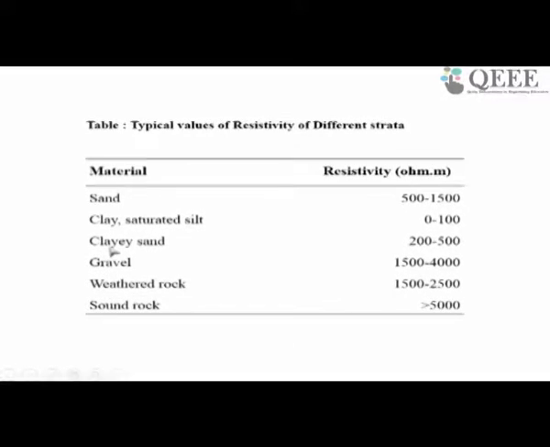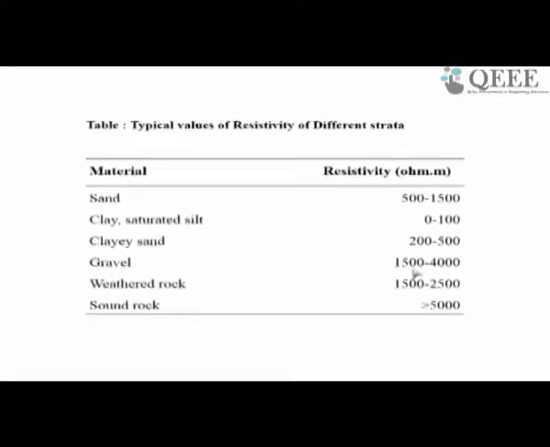In case of clay sand, you will get 200 to 500, and if you have gravel, your resistivity values will vary from 1500 to 4000 ohm meter. And as you can see, for a good quality rock, the resistivity is more than 5000.